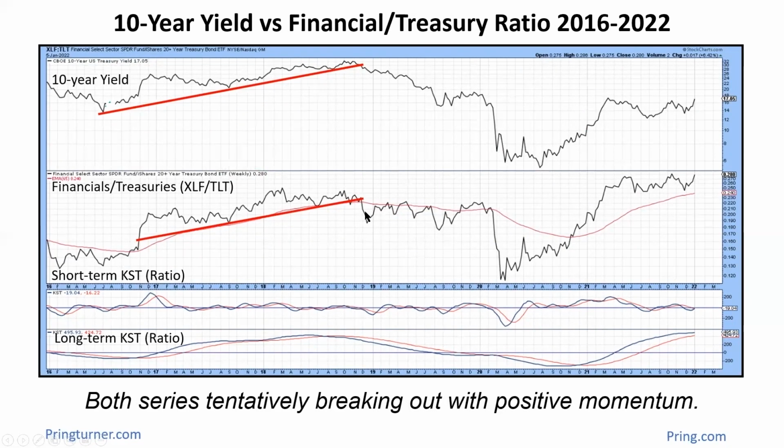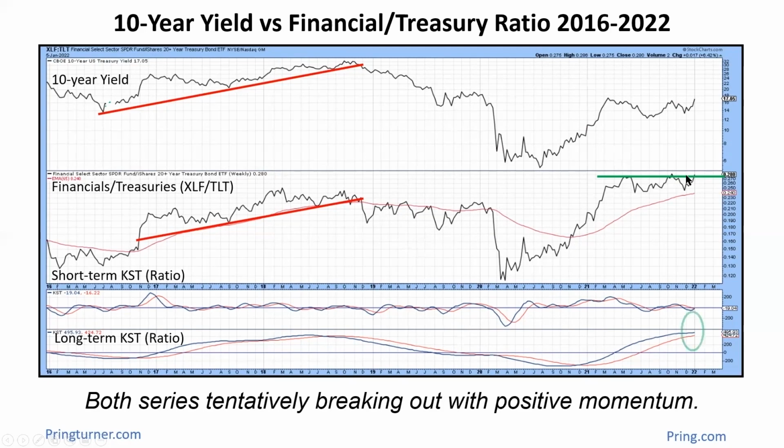You also notice that during here, you can't really draw many downtrend lines, but you can see the long-term oscillator here, the long-term KST, which monitors the primary trend. The short-term trend monitors trends of 2 to 6 weeks, or 9 weeks or so forth. Anyway, this was in a downtrend for quite some time, and both of them then turned into an uptrend. Now we're seeing the financial-treasury ratio begin to edge above the green trend line here.